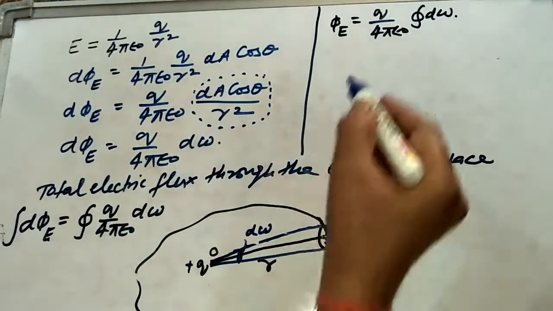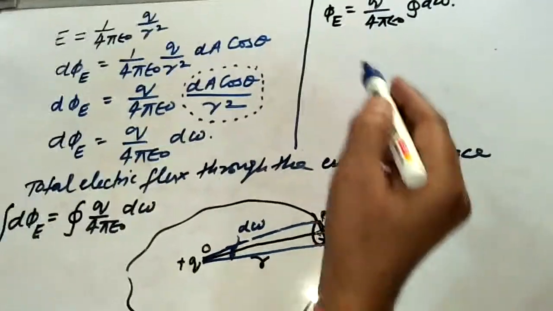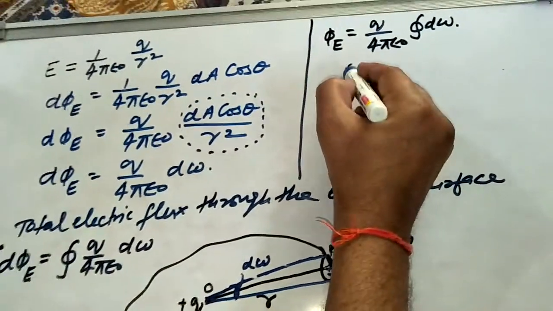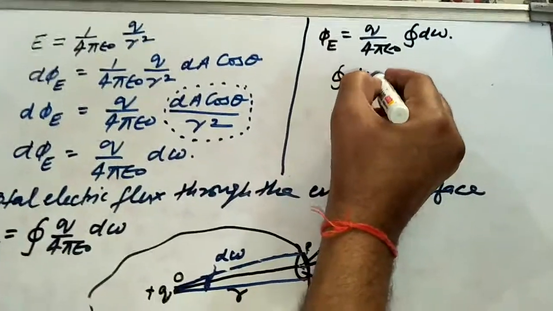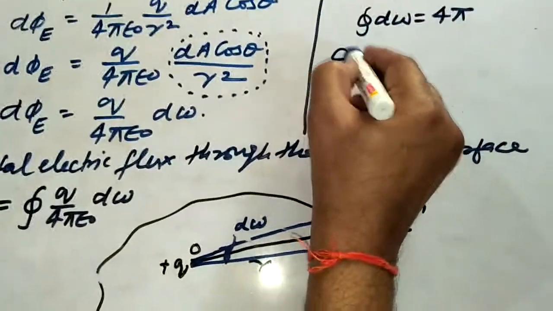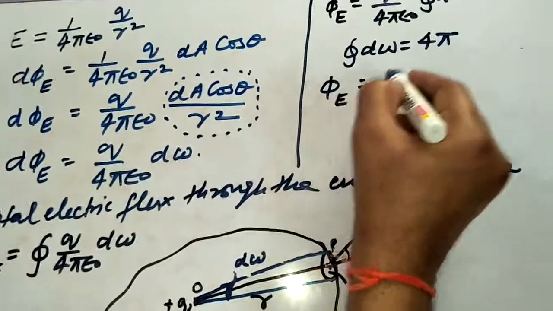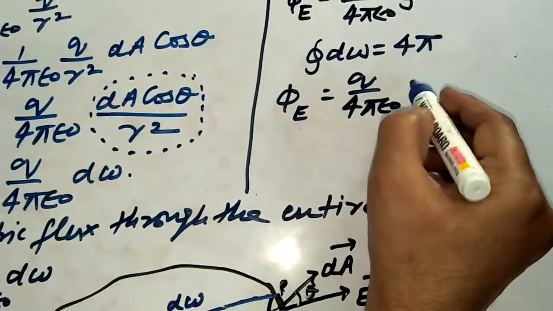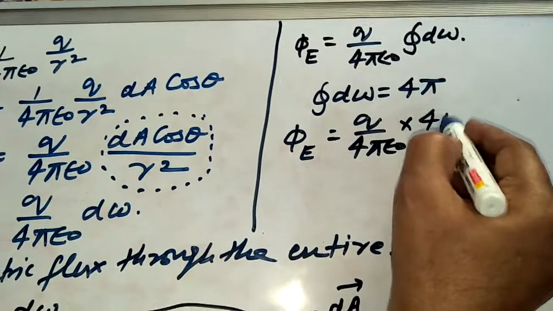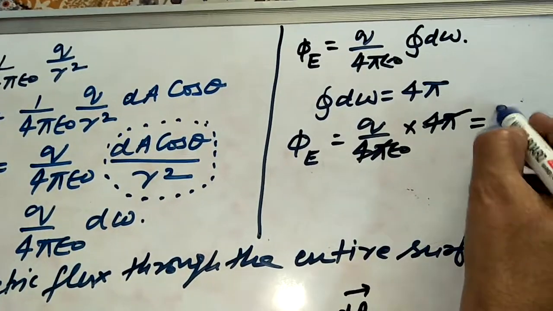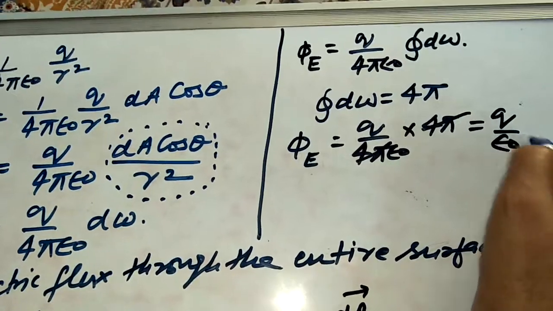And you know the total solid angle due to a closed surface is equal to 4π. So in place of this ∫dω, you can write 4π. So finally φE is equal to q upon 4πε₀ into 4π. Now this 4π is cancelled by 4π, and finally you will get q upon ε₀.